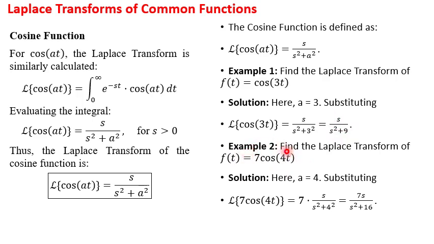Now let's look at another example. Find the Laplace transform of a function of t equals 7 cos 4t. Here, a is equal to 4. This is a cosine function, and the solution for the Laplace transform of a cosine function is given by this expression. The 7 is just a scaling factor, a constant, which will be treated as such.